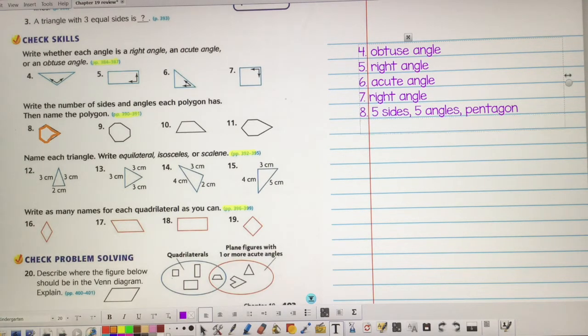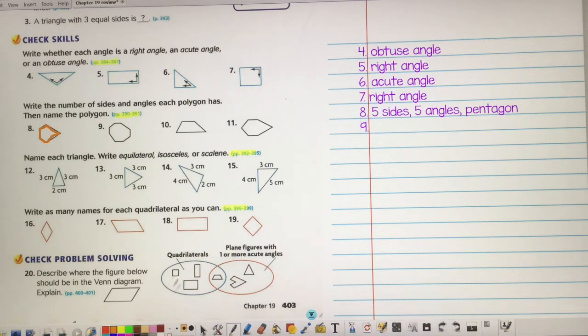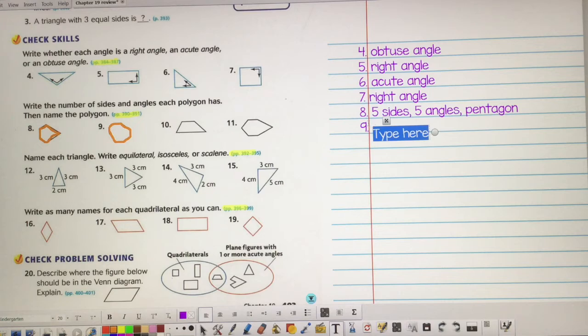Okay, going to number 9. Same thing, I first got to count. I'm going to go back up here. I'm going to count 1, 2, 3, 4, 5, 6, 7, and 8. So if I have 8 sides, that means I'm going to have 8 angles.